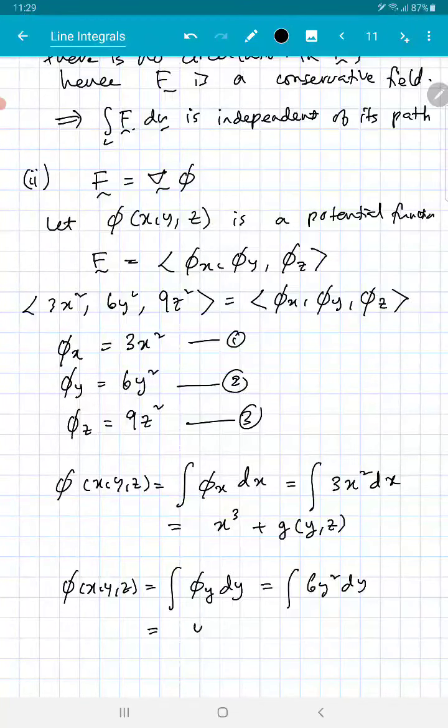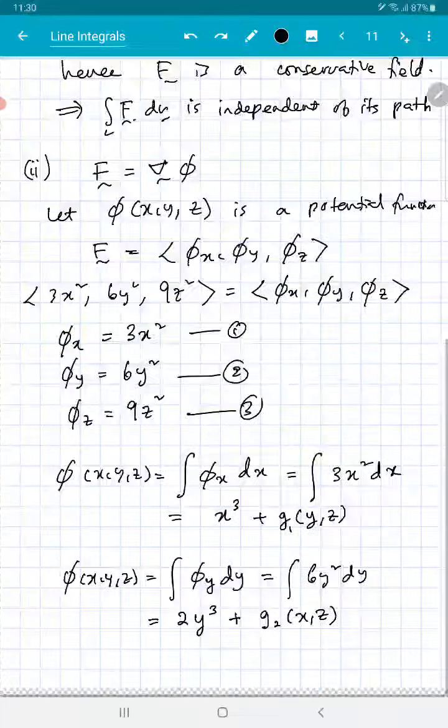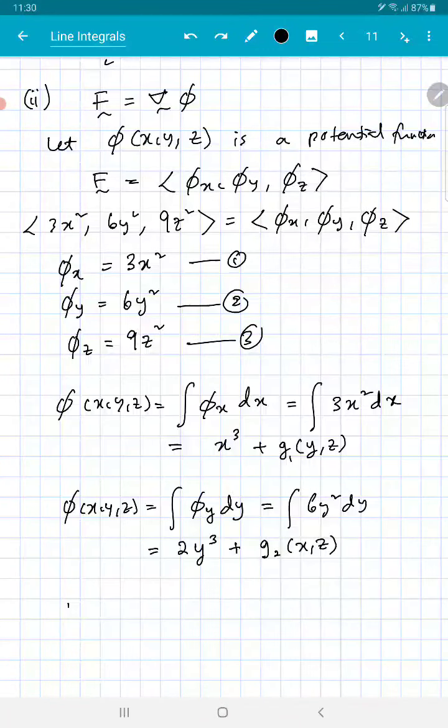That will give us y cubed over 3. 6 over 3 is 2, and then instead of adding a constant, let's call this g2 of x and z, because I'm going to call this g1. Okay, g2 of x and z, because when you differentiate a function of x and z with respect to y, you get a 0.